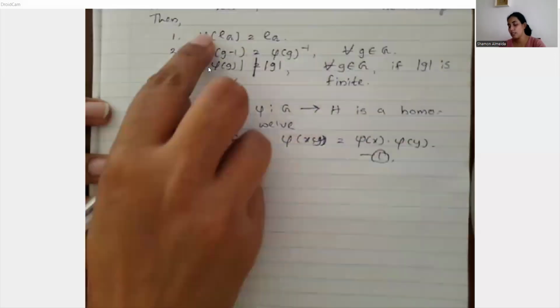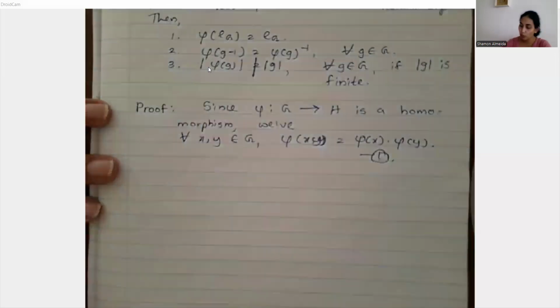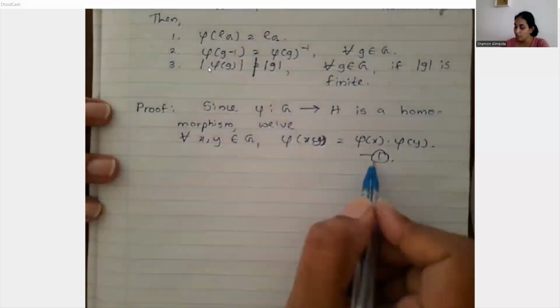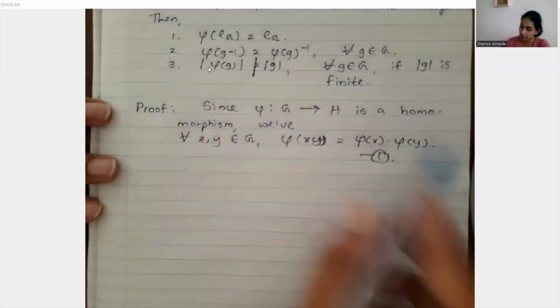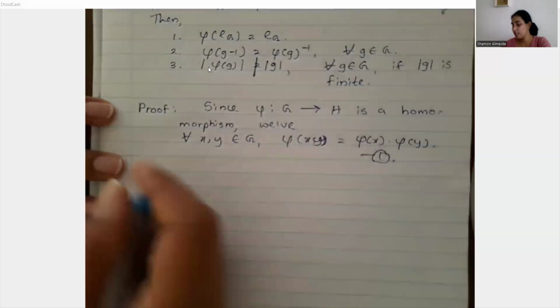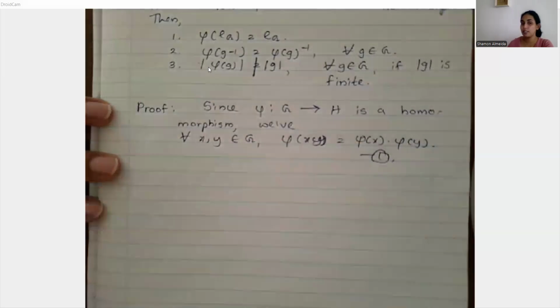In order to show that the identity is mapped to the identity in H, what we are going to do is, in 1, we will take x and y both to be the identity in G, right? So what happens in that case? We have x to be the identity, y to be the identity. Identity times the identity gives you the identity.